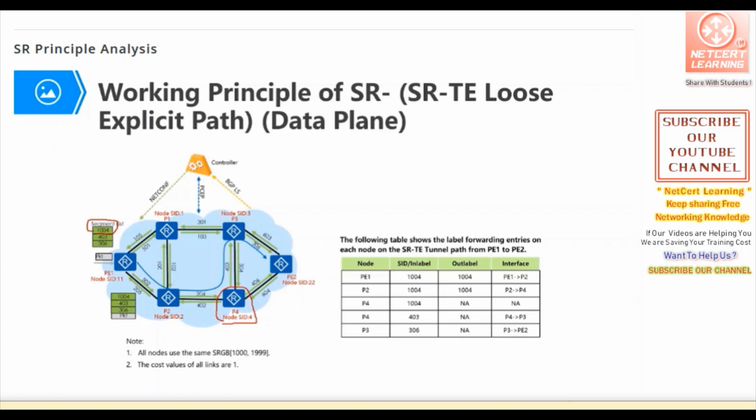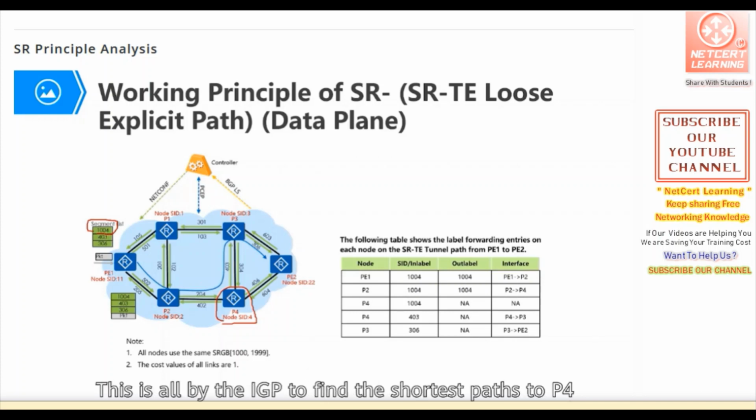So PE1 first needs to go to the node P4. How does PE1 go to P4? We will use the IGP to calculate and find the shortest path to P4. And for this shortest path, we don't have the SIDs. This is all done by the IGP to find the shortest path to P4.